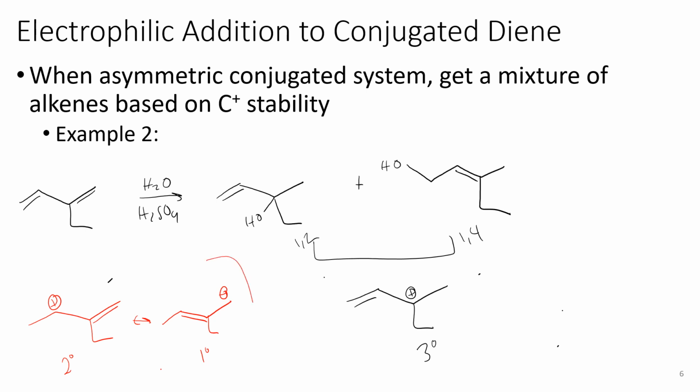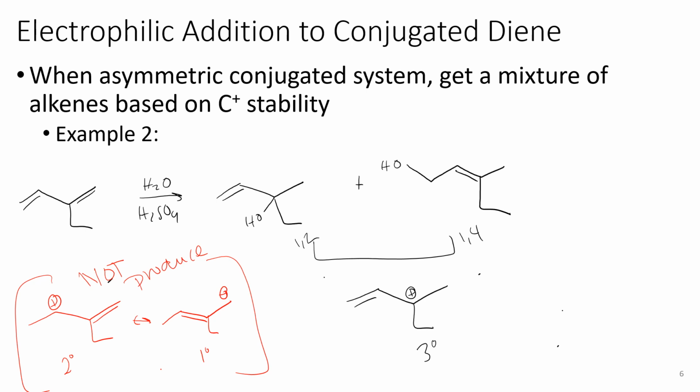So this, once again, we're going to base it off of stability. And what we're going to see is that I am not going to produce that secondary carbocation because I can produce the more stable tertiary carbocation. And that tertiary one will be the one that we form as the intermediate, which will be the one that will react to produce our products.